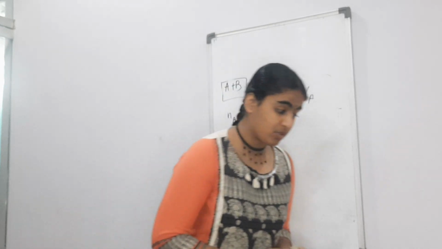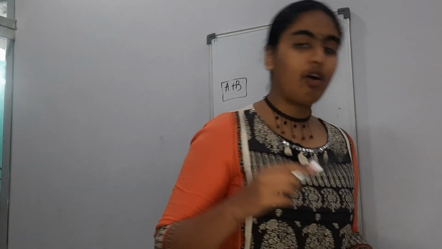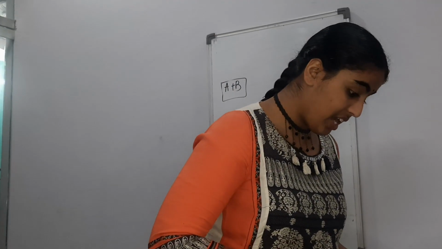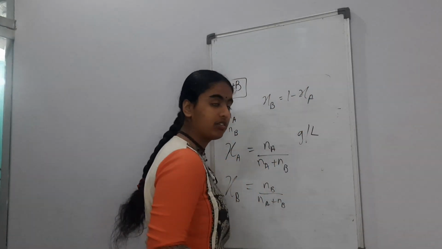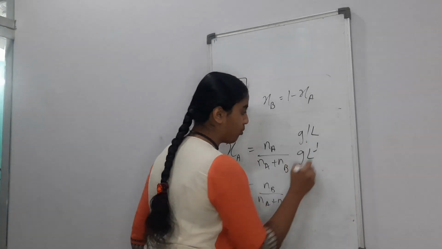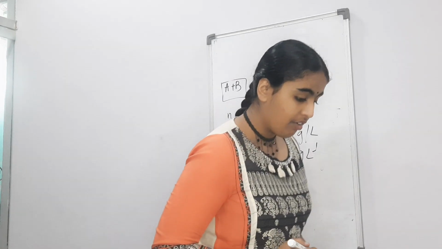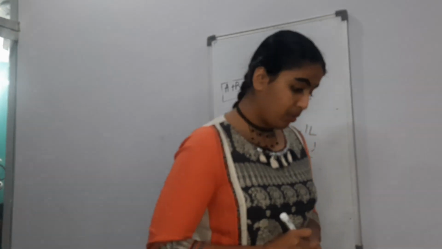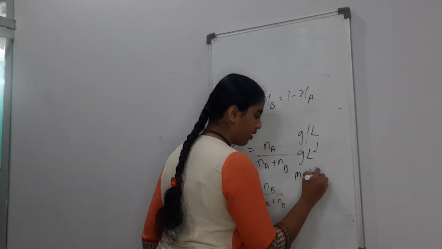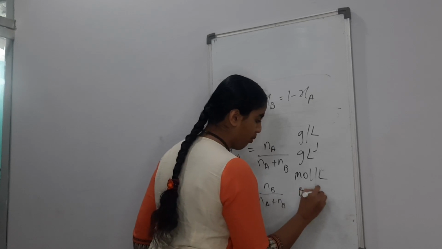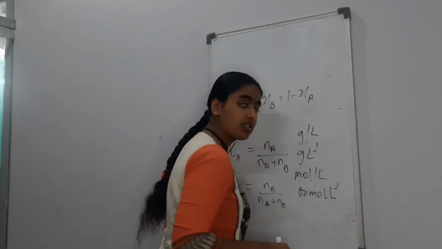Oh right, I'm so sorry, I did not discuss all the units. Obviously for percentage you will apply the percentage unit. For strength it would be gram per liter, or gram liter inverse. For molarity it would be mole per liter, or mole liter inverse.